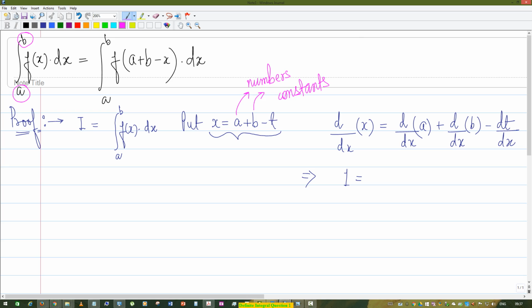And anything when differentiated with respect to a constant gives us the value 0. The differentiation of any constant value is exactly equal to 0. We have studied that in the differential calculus.